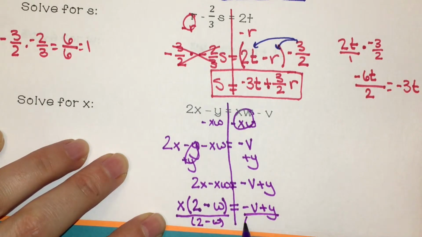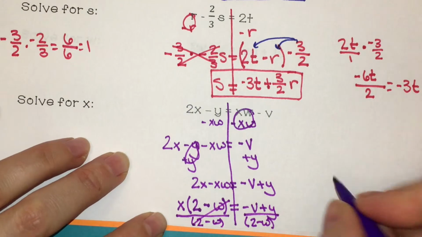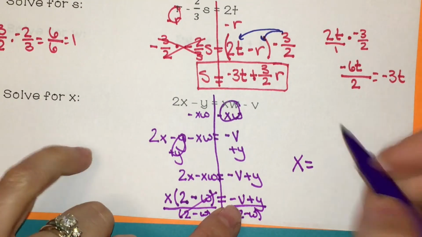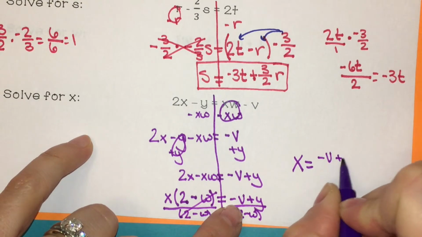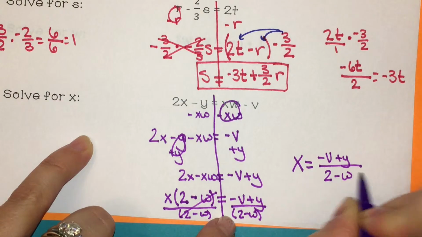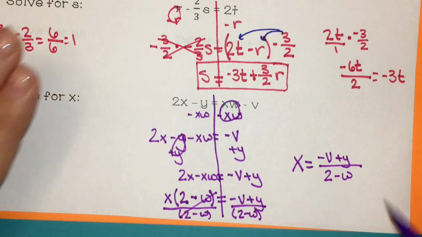But anything you do to one side, you have to do to the other. So 2 minus w divided by 2 minus w is 1. So we're left with x is equal to negative v plus y over 2 minus w. And I can remove the parenthesis because there's nothing else on the bottom with it.